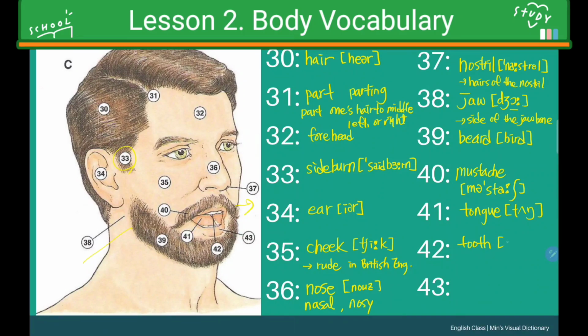And it's T and long U, and th. When you refer to more than one, as in plural, it becomes teeth. So it's just long E and the same th sound. Okay?